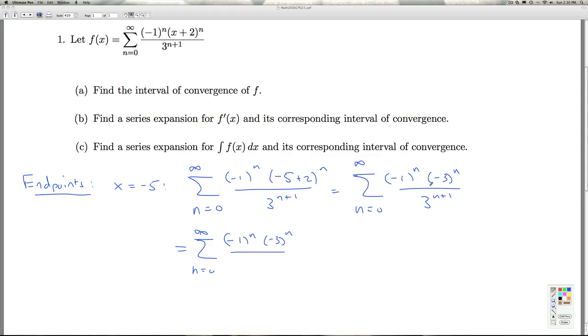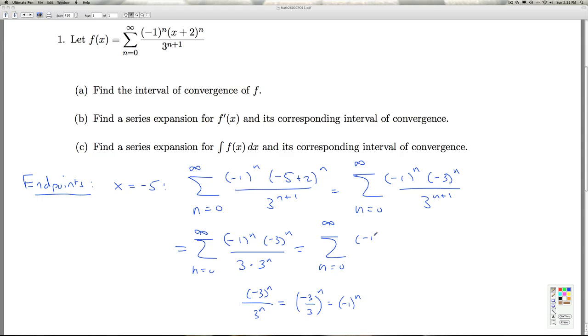Now there's actually 2 ways I can simplify. I can write this as 3 times 3 to the n, and then I can simplify this way. I've got the same exponent. So negative 3 to the n over 3 to the n is negative 3 divided by 3 to the n, which is negative 1 to the n.